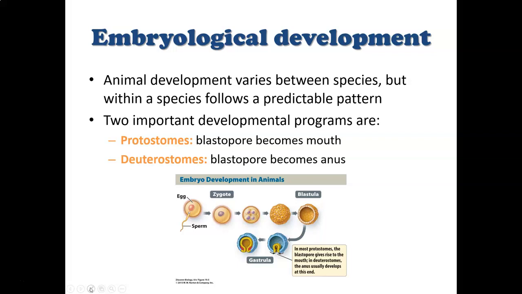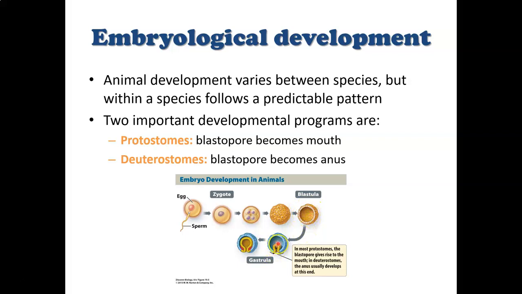The next feature that you'll want to pay attention to is how they develop. So there's basically 2 types of embryological programs. They're called the protostomes and the deuterostomes. The protostomes form mouth first. So as the zygote starts to develop, it eventually becomes this ball of cells.